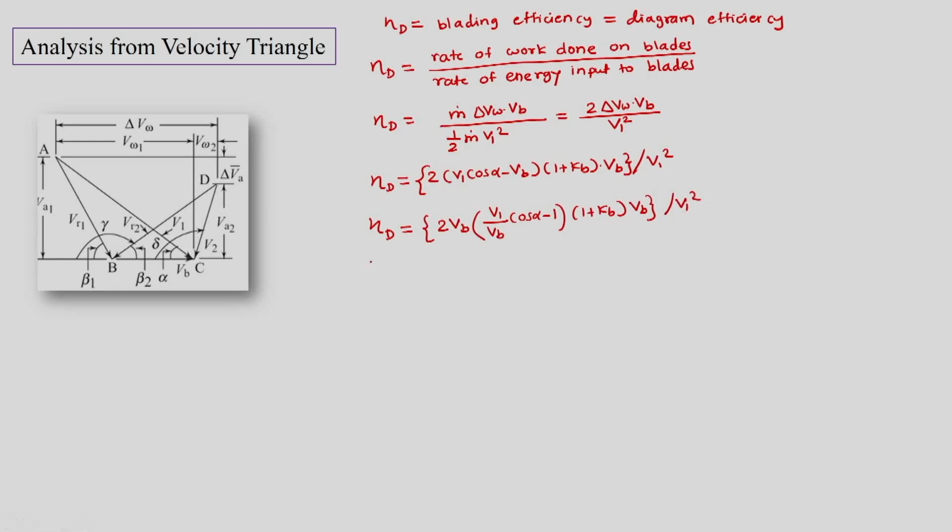So this term can also be written as 2 VB square into V1 upon VB into cos alpha minus 1 into 1 plus KB divided by V1 square. Let us say that VB upon V1 is equal to rho, and this is called the velocity ratio.